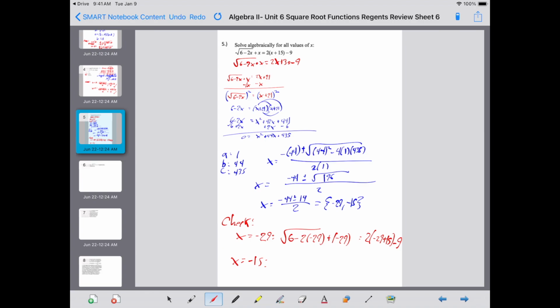You get negative 21 on the left side. Let's see if it's the same on the right side. You get negative 37. Not the same. Extraneous.